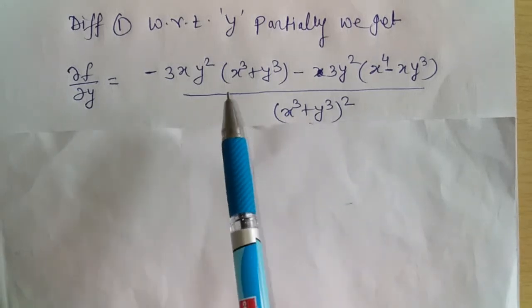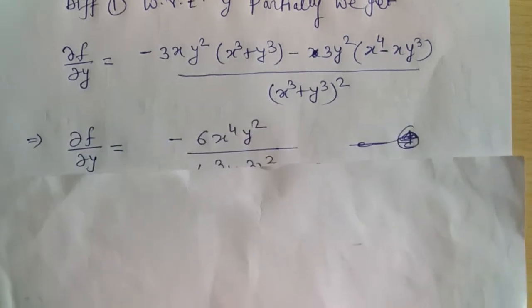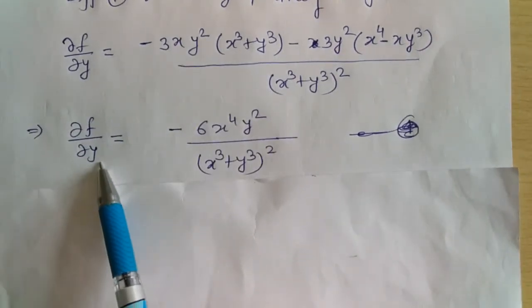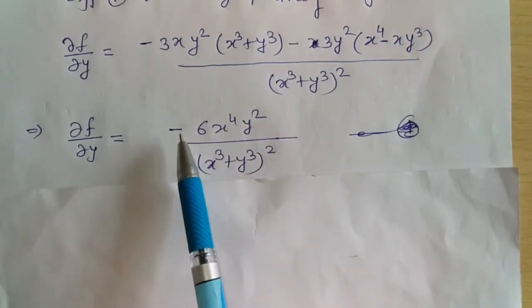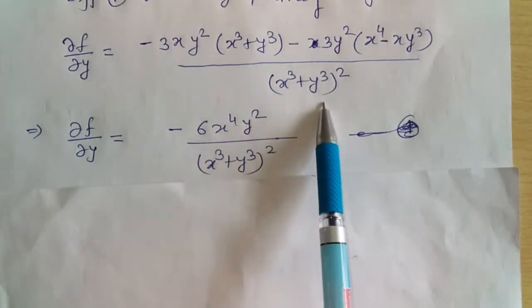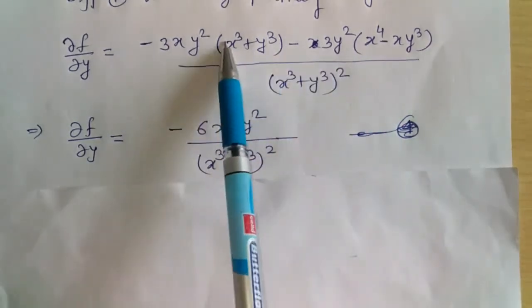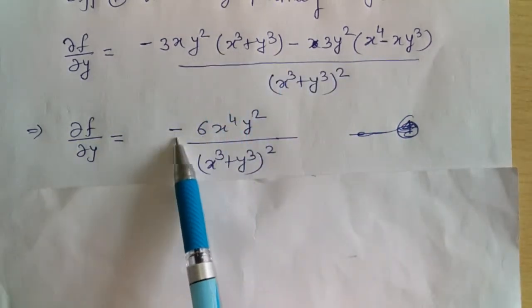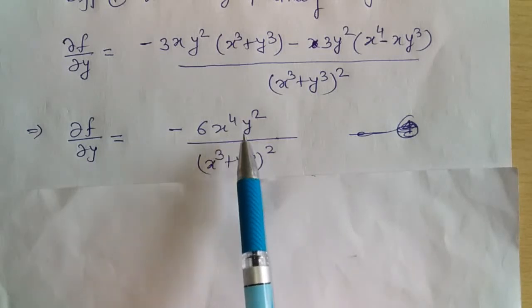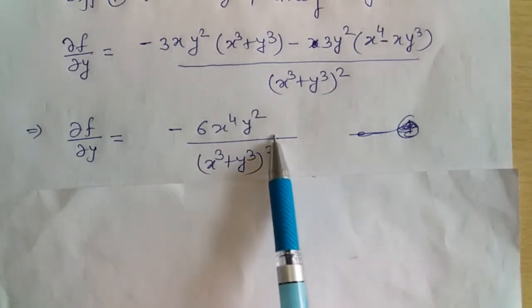Now we simplify the numerator, and then we get del f by del y equal to minus 6x power 4 y square upon x cube plus y cube whole square. We multiply all the terms and simplify, then in the numerator we have minus 6x power 4 into y square, and in the denominator x cube plus y cube whole square.